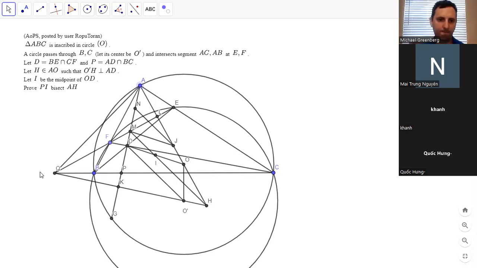So yeah, these are parallel. So MH is parallel to O prime D. And I don't know if that can help us show that MJ is parallel to DO. Because then we know AM over MB. We want to show it's AJ over JO, but maybe we could use these parallel lines somehow.